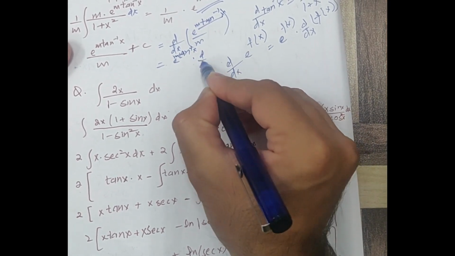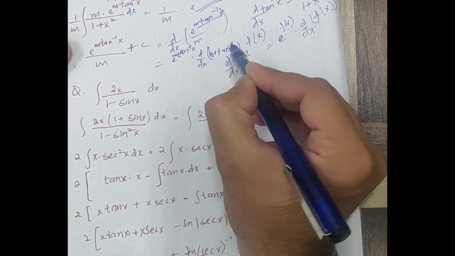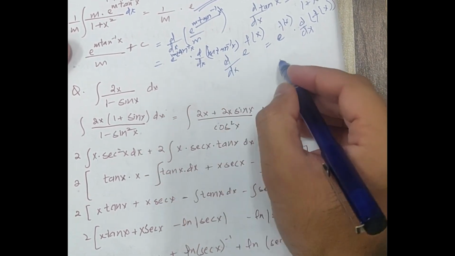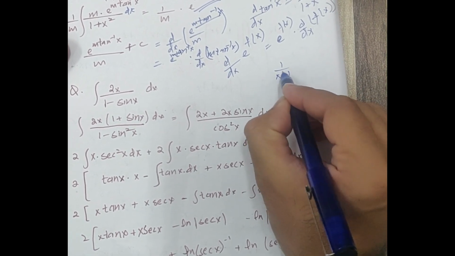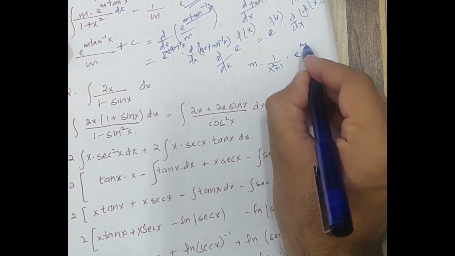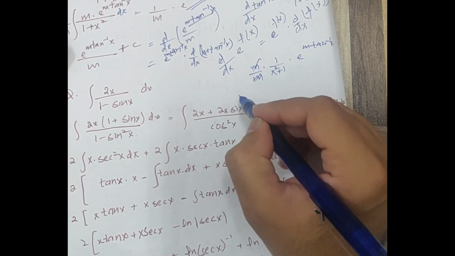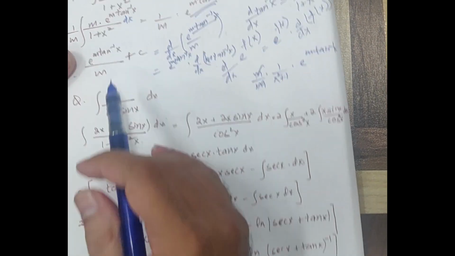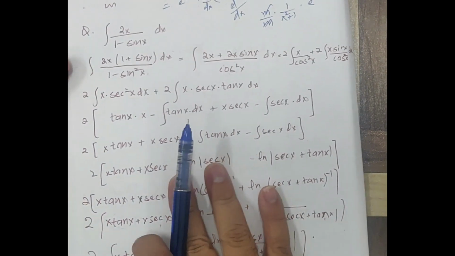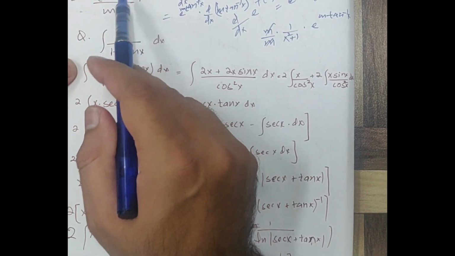So d over dx of m tan inverse x is m times 1 over 1 plus x squared, multiplied by e to the m tan inverse x divided by m. This m will cancel out, leaving us with the original expression again. So this solution can be verified both ways. That's the solution of this integral: e to the m tan inverse x divided by m plus c.